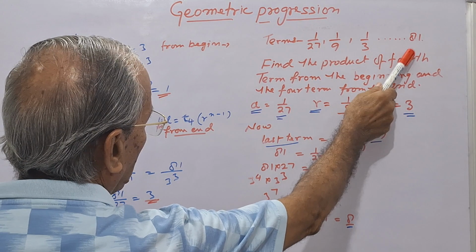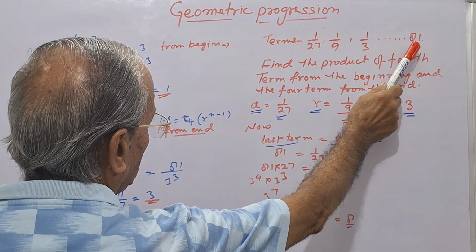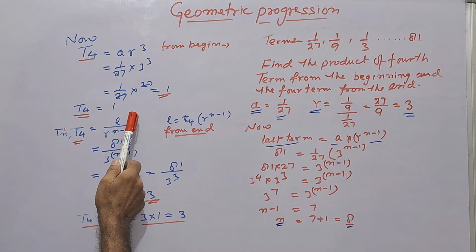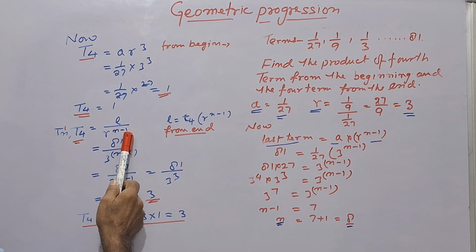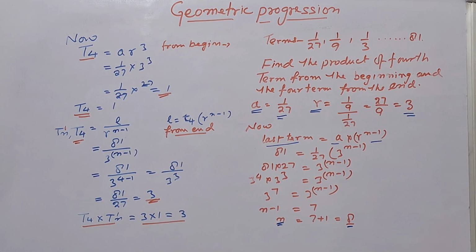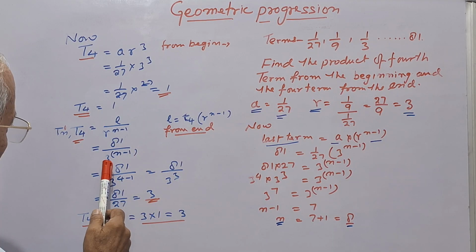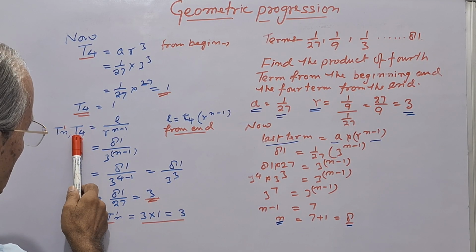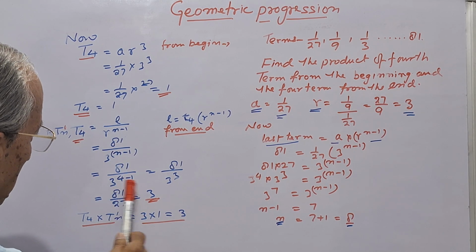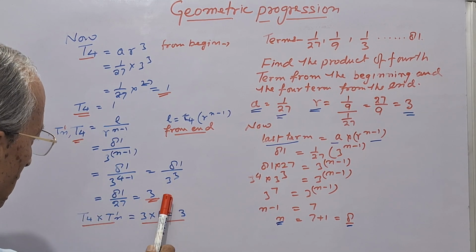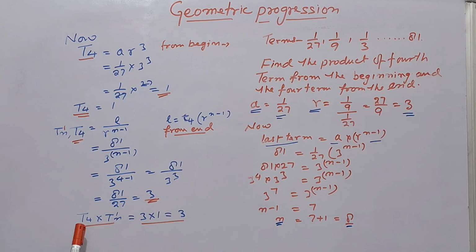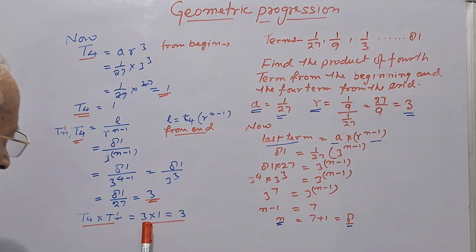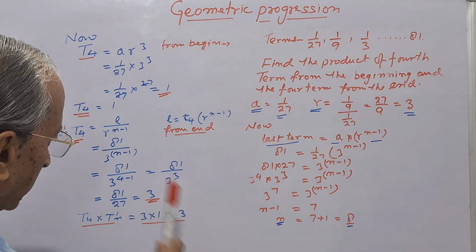And for the T4 from the last, the last term is 81, so T4 from the last is L upon R to the power n minus 1; this is the formula. So last term is 81, 3 to the power n minus 1. Here n is 4, and we get T4 is equal to 3. So the product of T4 from the beginning and T4 from the end is 3 into 1, that is 3.